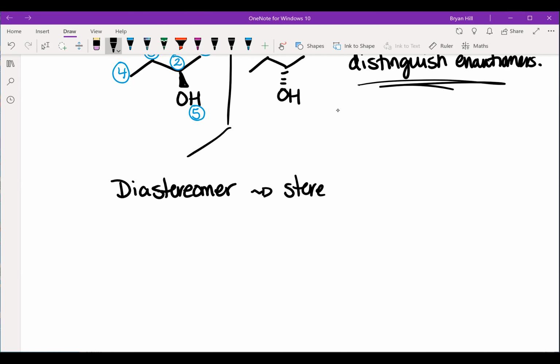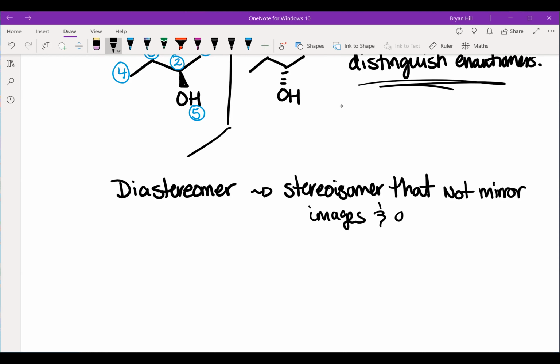Stereoisomers that are not mirror images and are not superimposable.